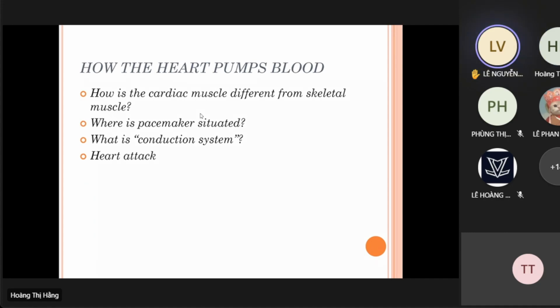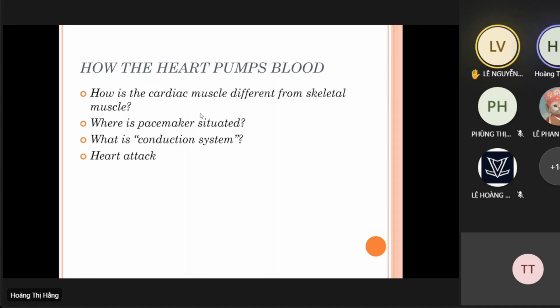Because when you get older, all your systems will not continue to repair. They break down slowly and cannot repair themselves. Yes, maybe.